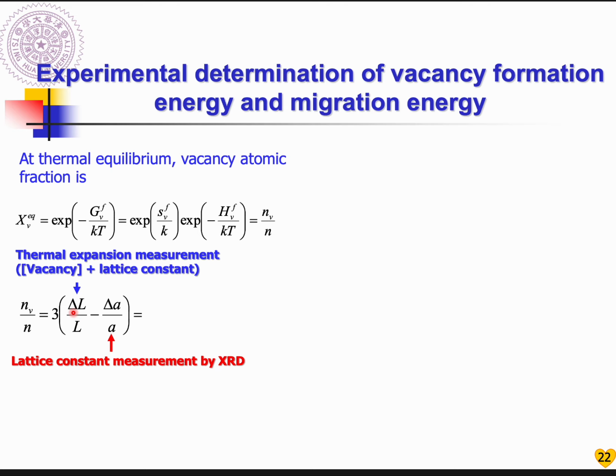So I use this term minus the increase in lattice constant part. And this is one dimensional, right? And the increase in vacancy fraction belongs to three dimensional. So I multiply by 3 to represent it.